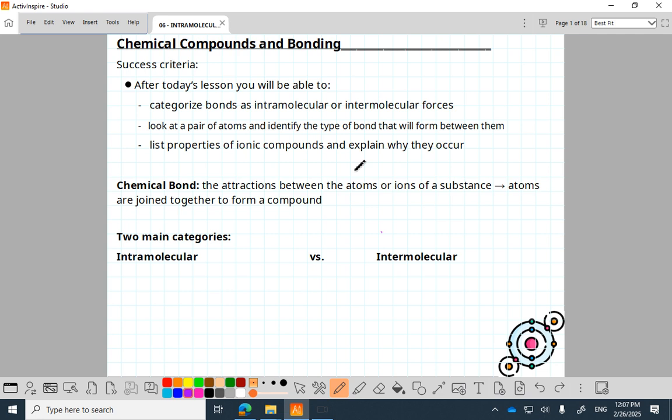Conductivity is easy to test. We'll test solubility or dissolving in different solvents, and we'll even use simple microscopes, and you'll be able to look at a crystal of an ionic compound, and the molecules of a covalent compound.